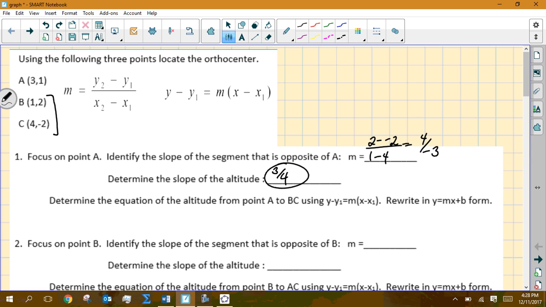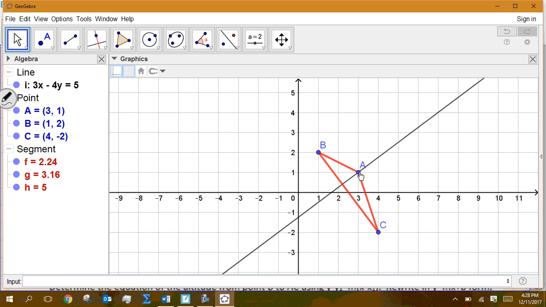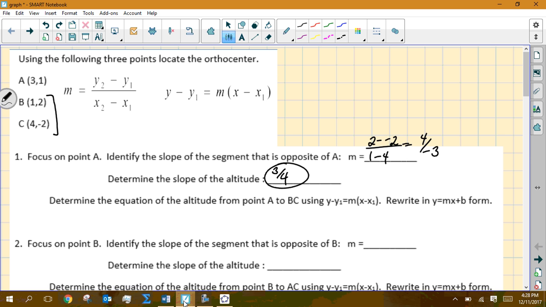The slope of that black line is going to be 3 over 4. But we also know that black line goes through point A. So point A is going to be the y1 and x1 that we use inside this formula here.